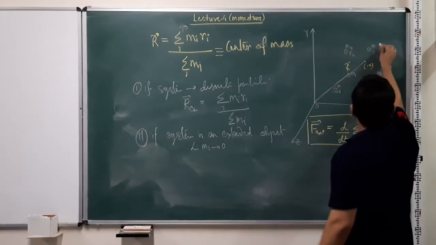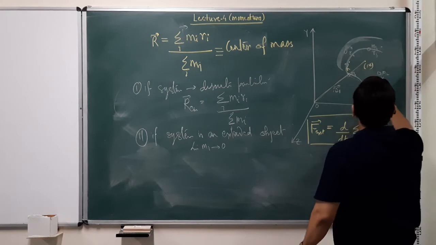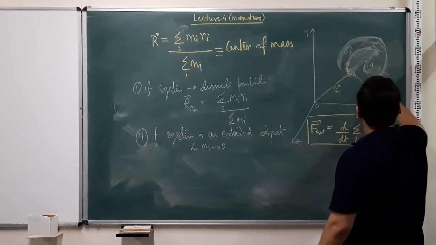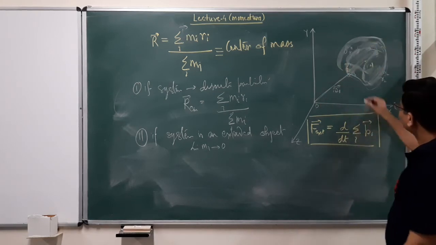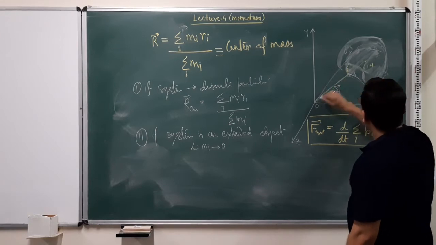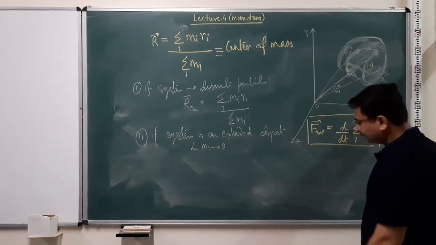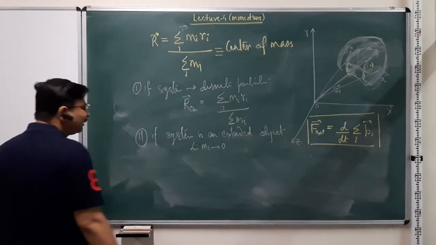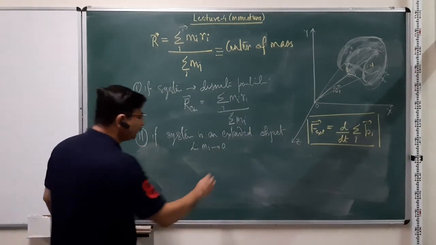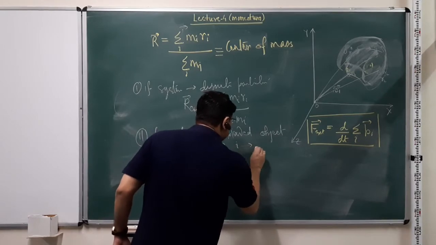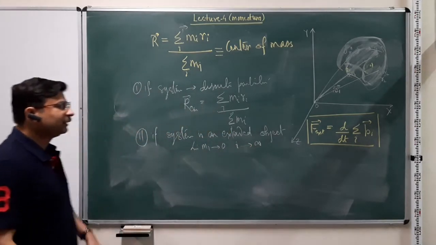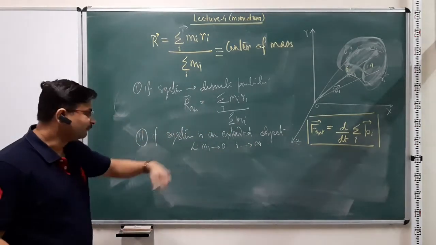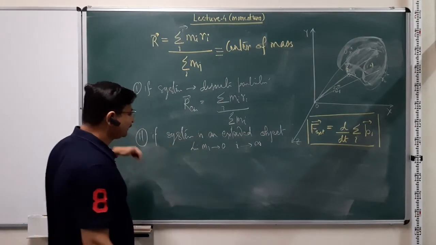So basically I have some sort of an extended object and I can take any position vector here that connects to a very infinitesimally small mass mi, and how many such masses make the body? It's like infinite. So if mi tends to 0, i tends to infinity.